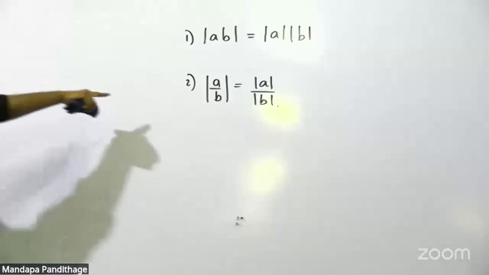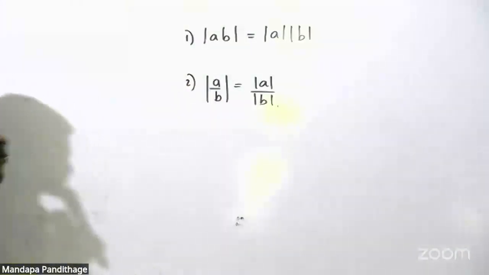Write this: modulus A over B is equal to modulus A over modulus B.